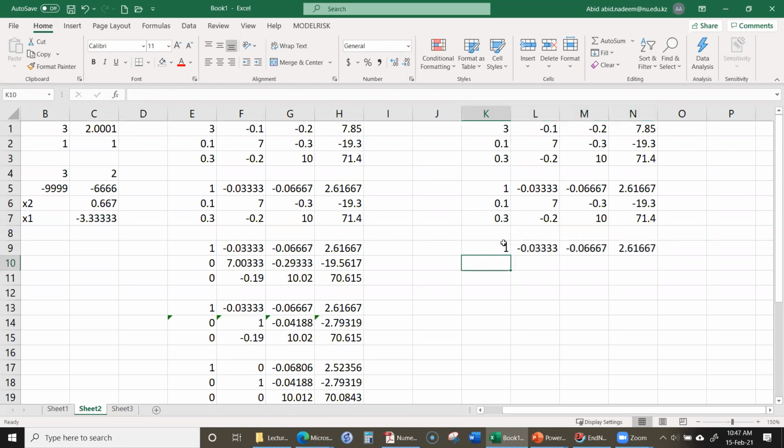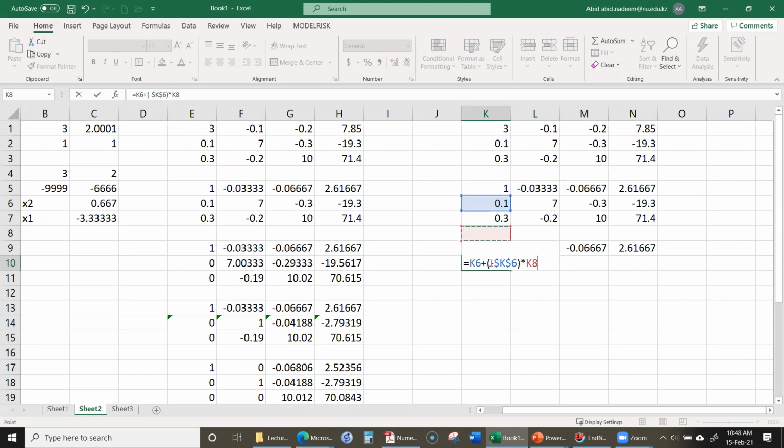Now we have to make the others 0. To make it 0, I will take this value and add the negative of this value, multiplied by 1.